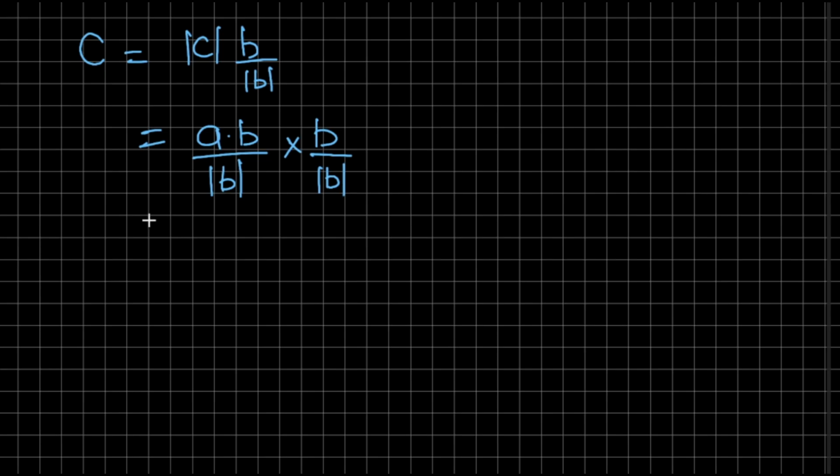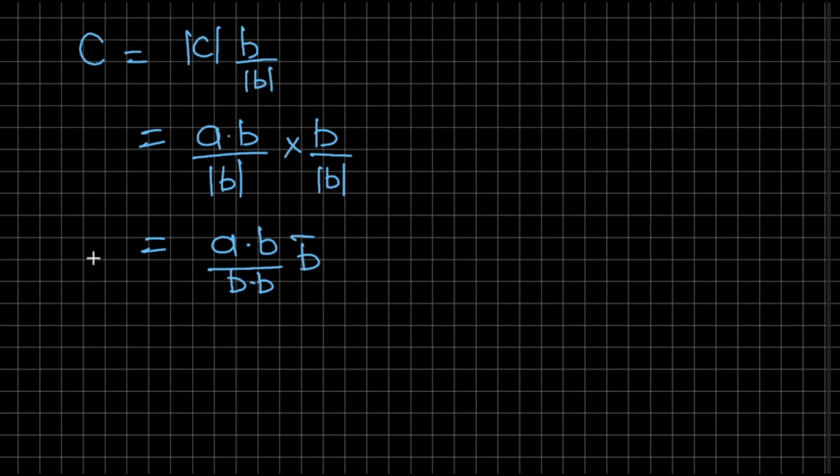And what are we going to have here if we do that? Simply, this is going to be A dot B all over B dot B, multiplied by vector B, okay.